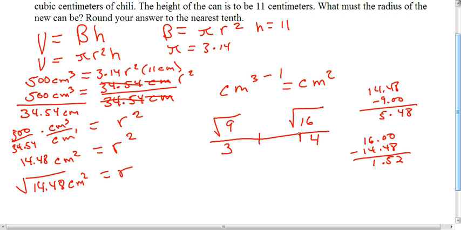So I'm going to call it probably 3.7, and I would say that that is roughly the square root of 14.48. Now, do I know this? No, but it is a pretty good educated guess.